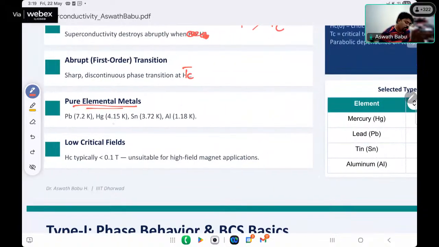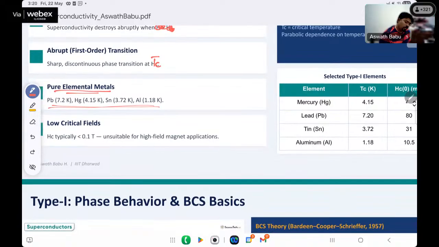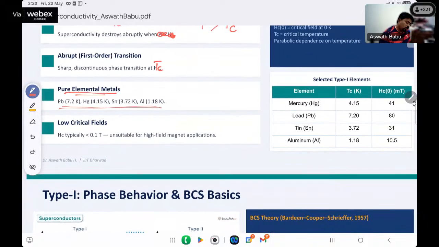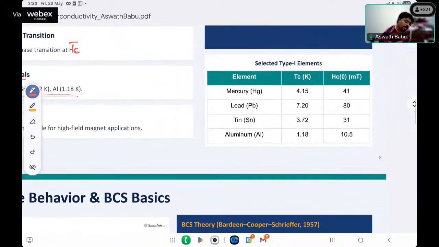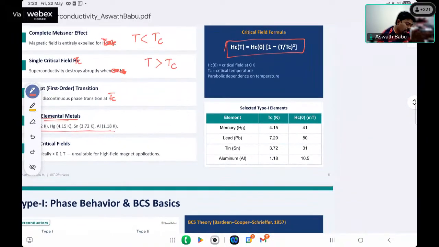Mercury is 4.15 Kelvin, and then tin and aluminum, so accordingly the temperatures are there. So low critical fields, Hc typically less than 0.1 tesla, make it unsuitable for high field magnetic applications. So we have to work accordingly.